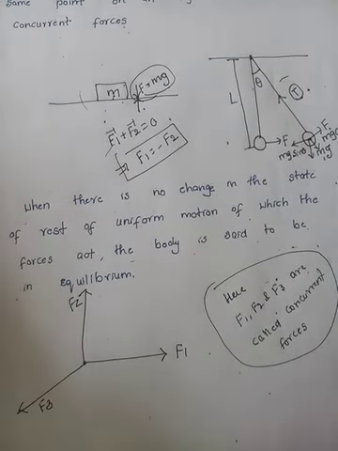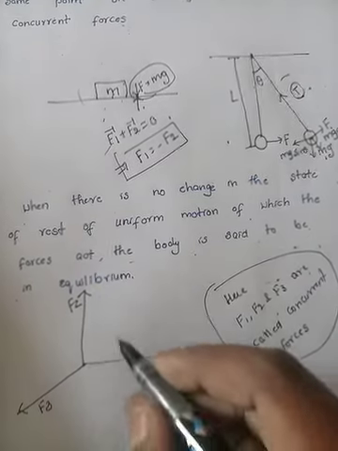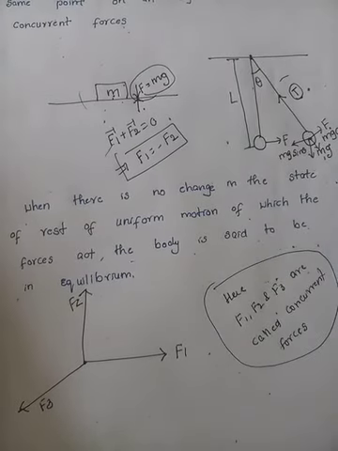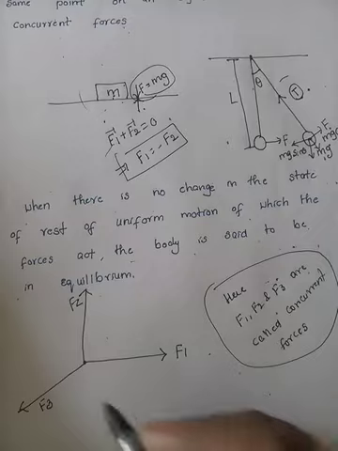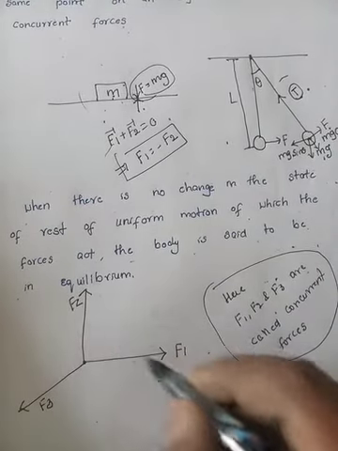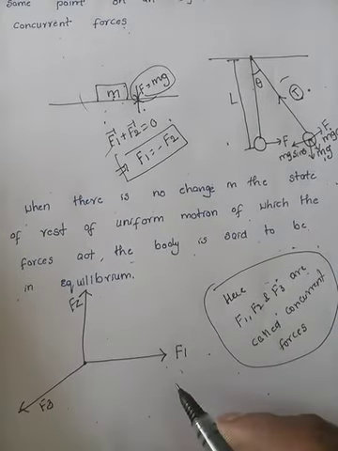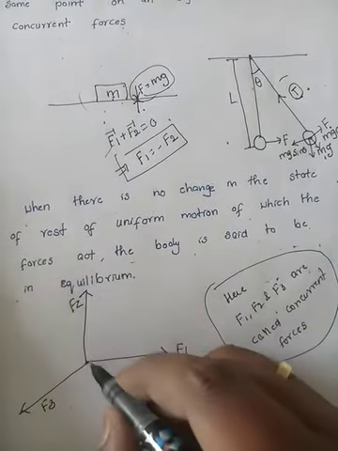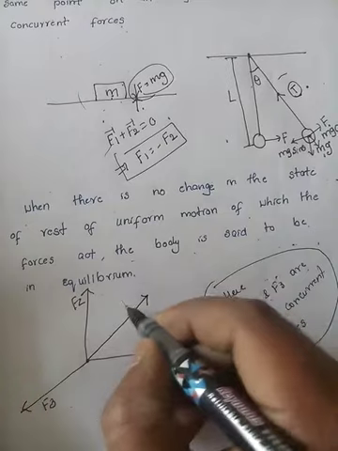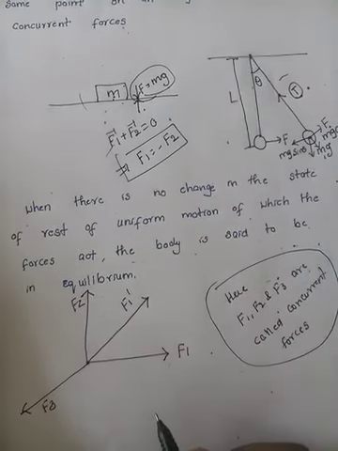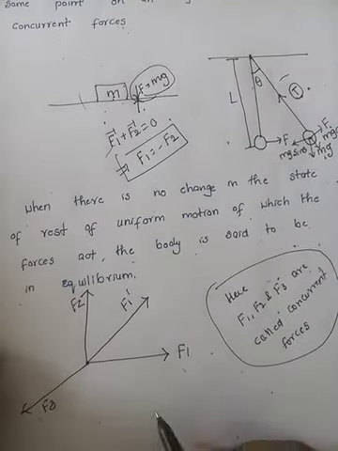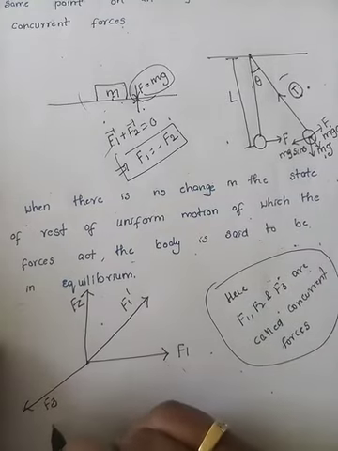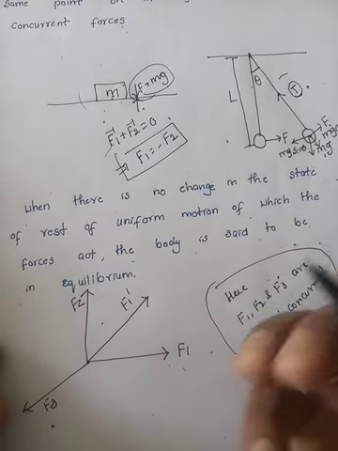Now, for these concurrent forces, when is a body said to be in equilibrium? We said that the resultant should be 0, right? F1 and F2 are forces acting at an angle. The resultant of these two is F1 dash. Now, if F1 dash equals minus F3, then the body is in equilibrium.